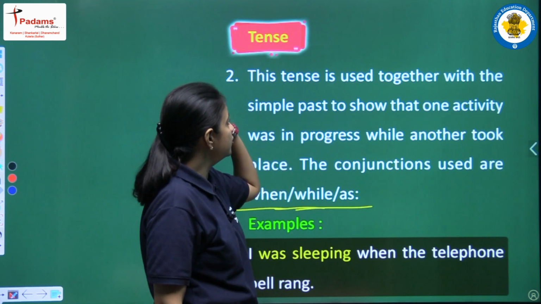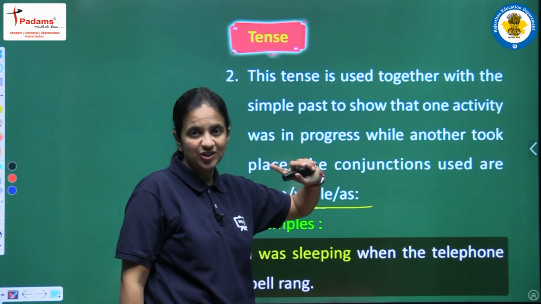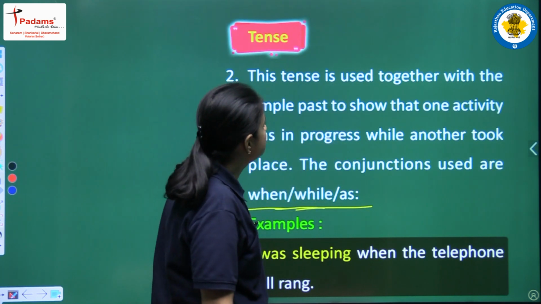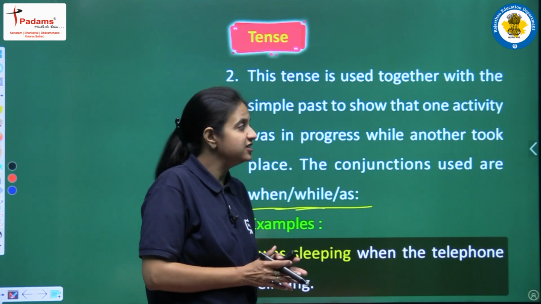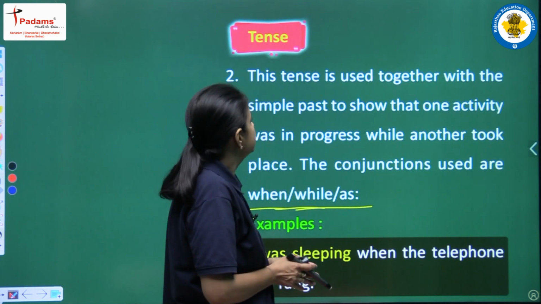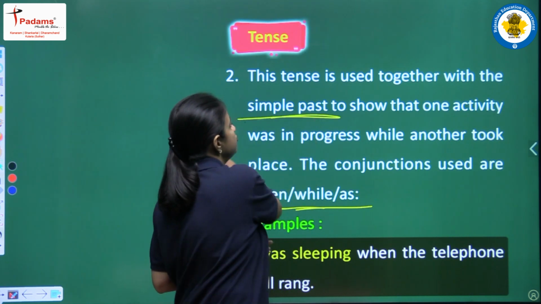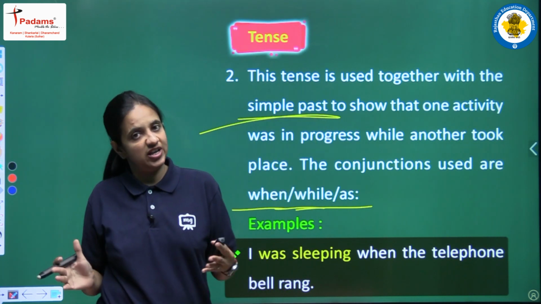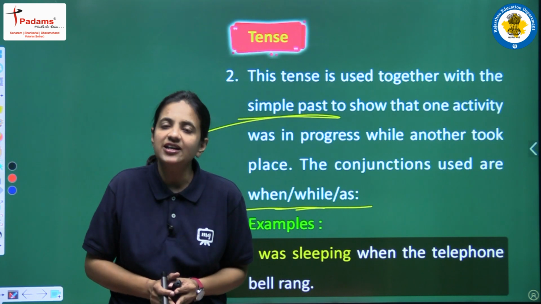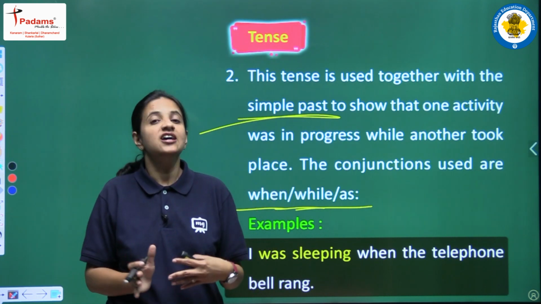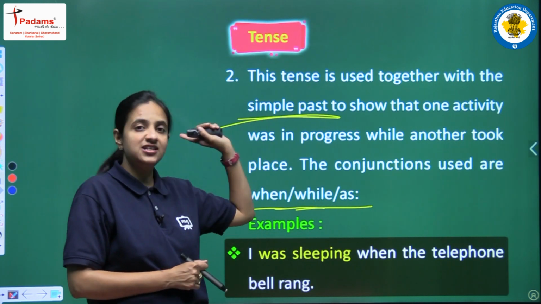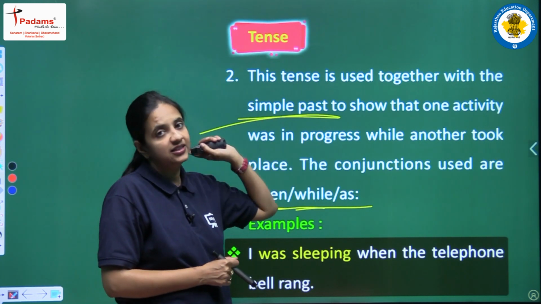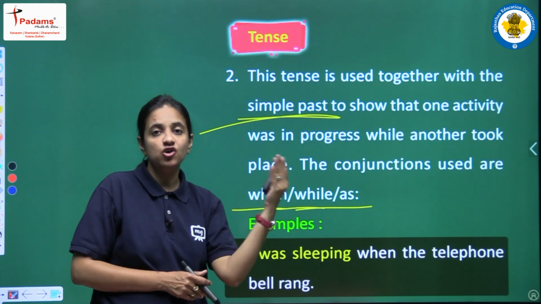So let's see what it means. This means that this tense, that is past continuous tense, is also used as a combination. Okay, so together as a combination this tense is used with, with which tense? This is used with past simple tense. Okay, so again what will happen here? We will have two different clauses because we will have one combination, and one clause will be written in past simple tense and in the second clause we will use past continuous tense.